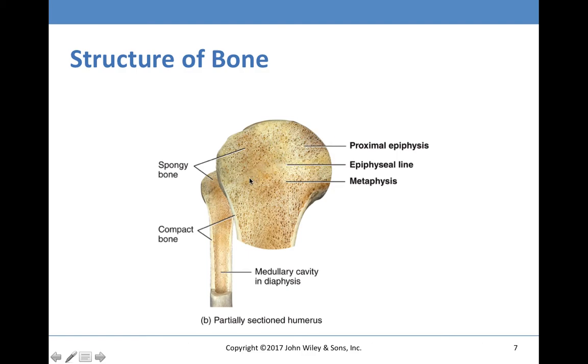This here is an epiphyseal line. And then the metaphysis before we make our way down into the diaphysis, in which we can see the medullary cavity. And if you notice, this compact bone is around the outer region, and then the spongy bone will help to make up the epiphyses.